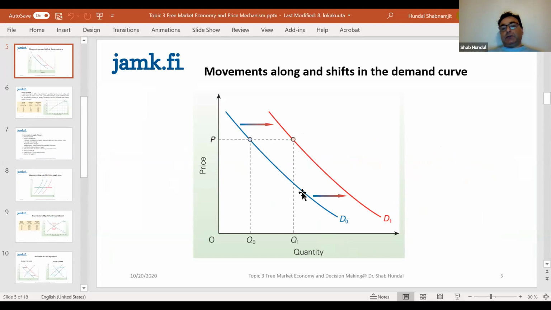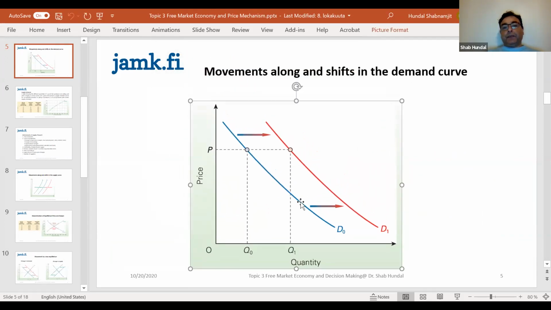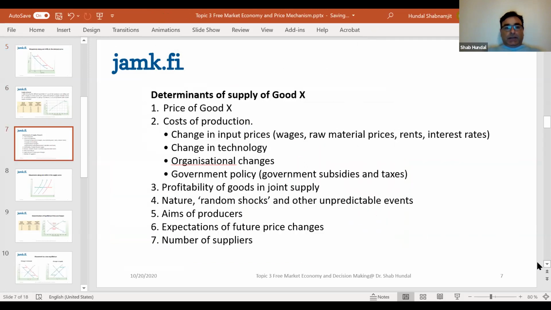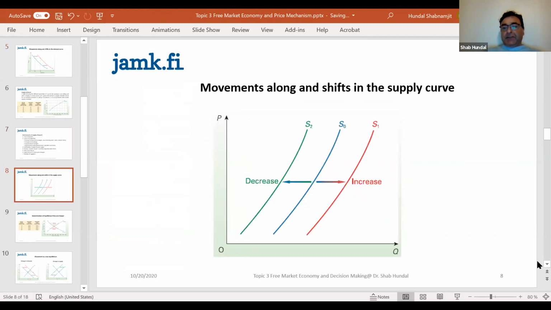other factors are constant. But if the demand curve shifts, it goes rightward or leftward, it expands or contracts, then it's because of the non-price factors like taste, fashions, habits, etc. And the same thing happens with the supply curve.